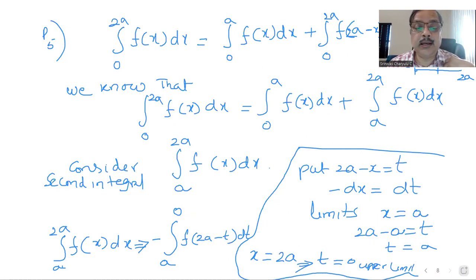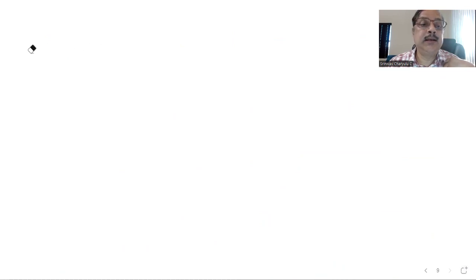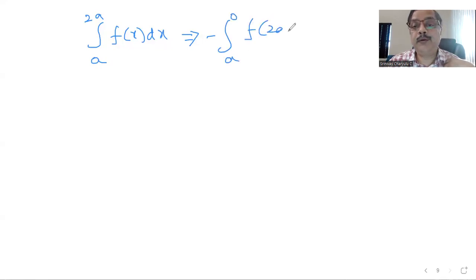Then let us write this back as it is again. Integral a to 2a f of x dx. This became now minus sign integral a to 0 f of 2a minus t.